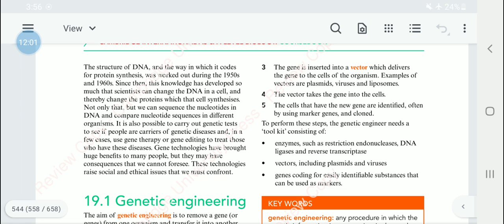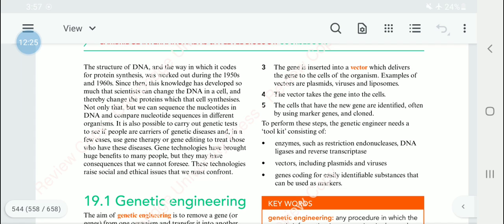Then the cell will take in this gene, and then we identify this gene by using marker genes. There is a special kind of gene whose nucleotides we can identify.